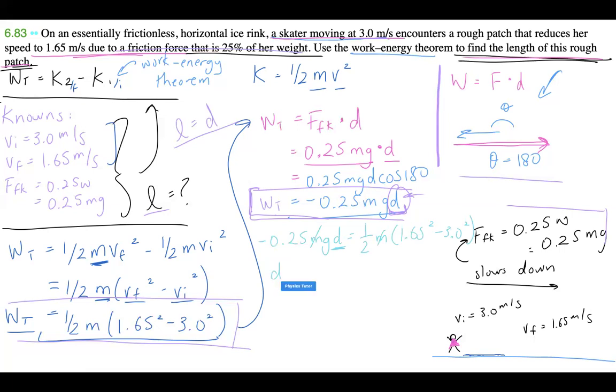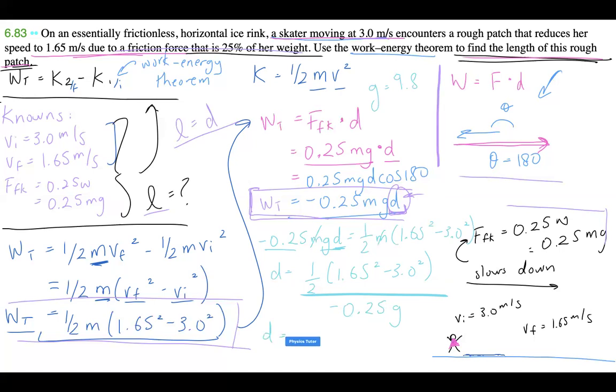So d is equal to half of 1.65 squared minus 3.0 squared, and then we divide both sides by minus 0.25 g, right? And we know that g, because that's gravity, is equal to 9.8.